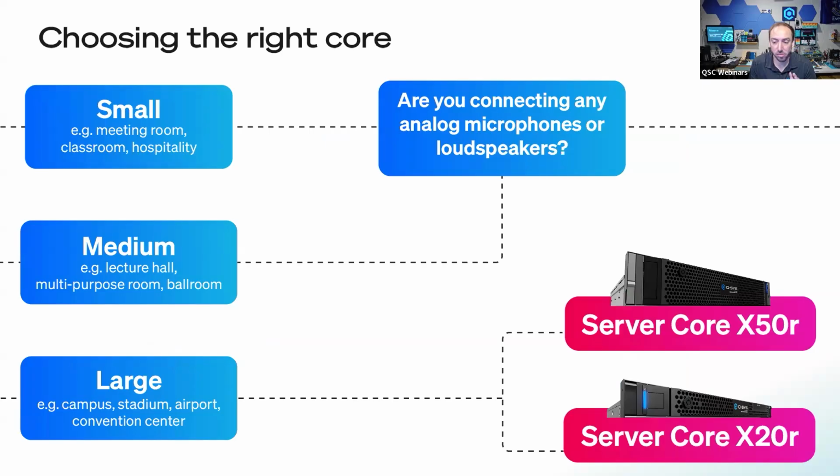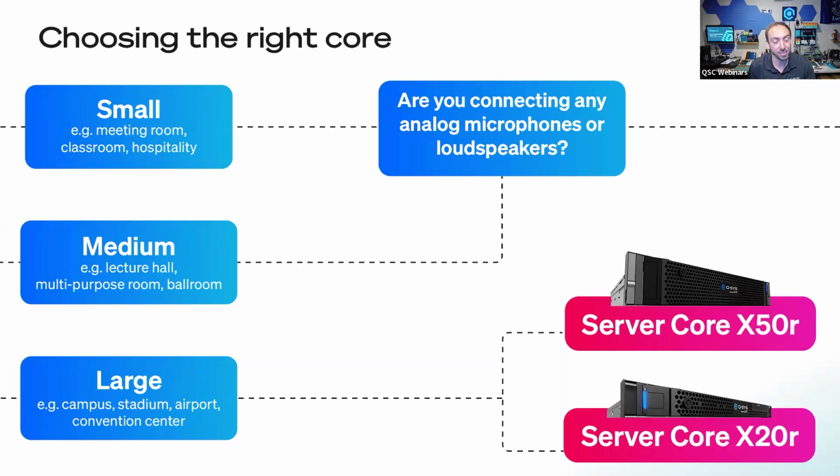So that's the small to medium. If you need less than that, we also have the Core Nano and the Core 8 Flex. The Core Nano has no analog audio, but it still has RS-232 as well as GPIO and USB connect capability on the back.